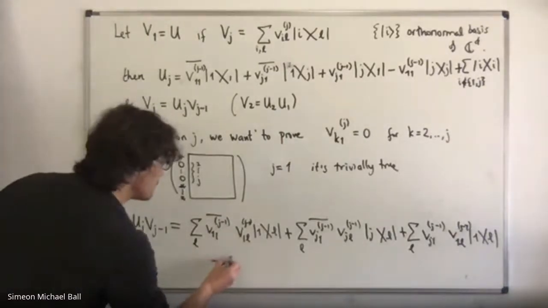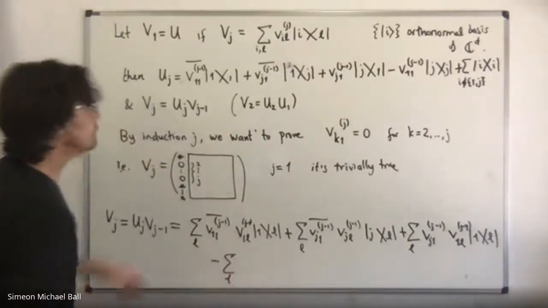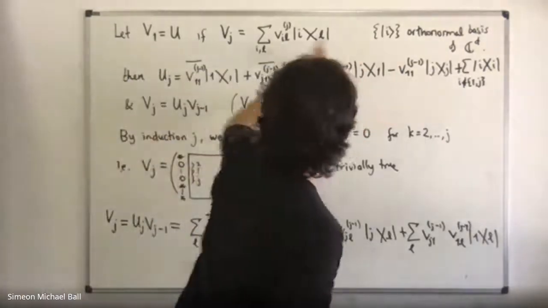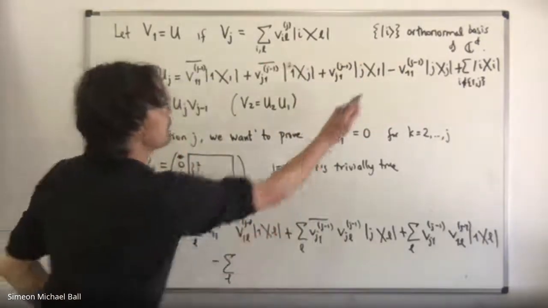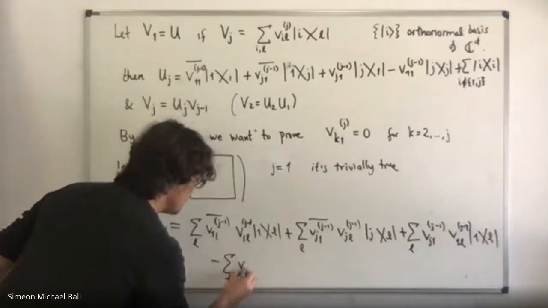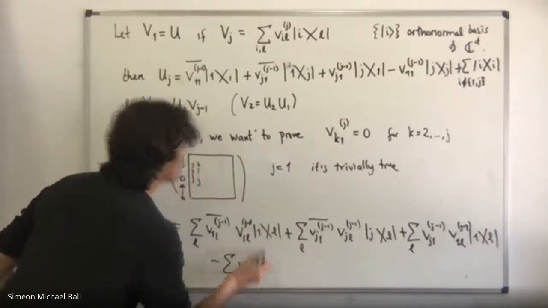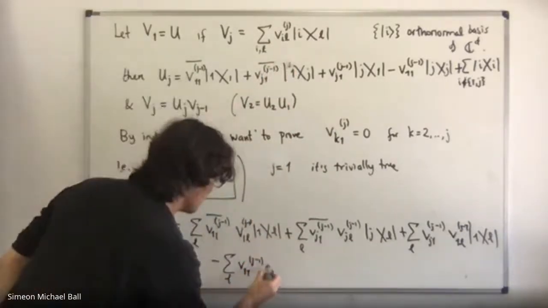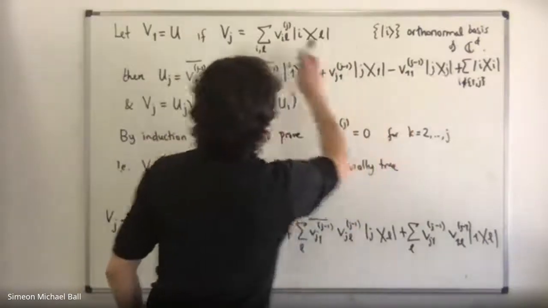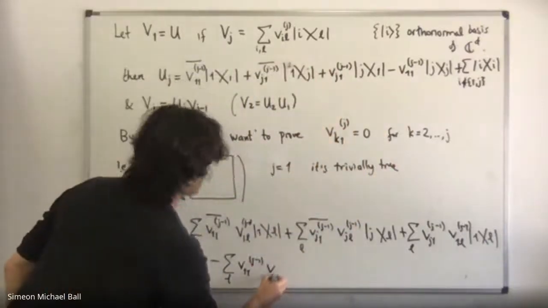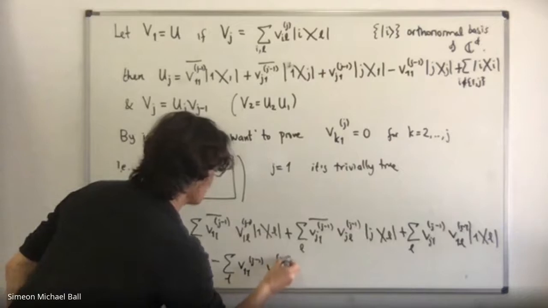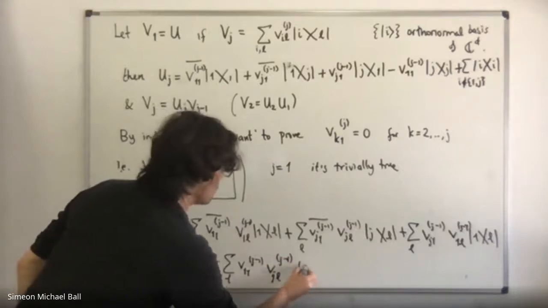Minus sum over L. So this is J, so it's going to be a J here. So we've got the V11 J minus 1, and then this is going to have to be a J to survive. So that's a VJL J minus 1, JL.